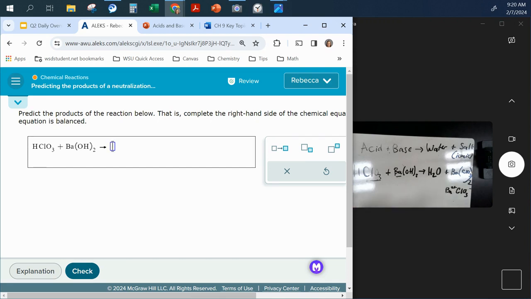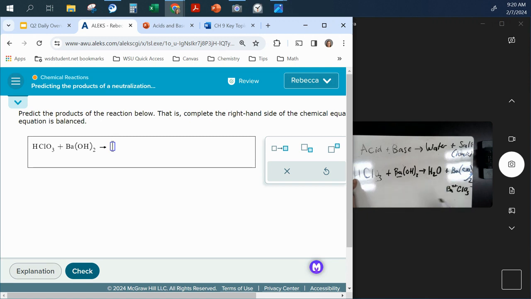So now, if I go back here, I have not the right number of atoms. So I can balance the polyatomic ions. Yeah, I think we can do that. So we've got 2 over here. So let's put a 2 here and see what happens. So now we've got 2 hydrogens, 4 hydrogens.